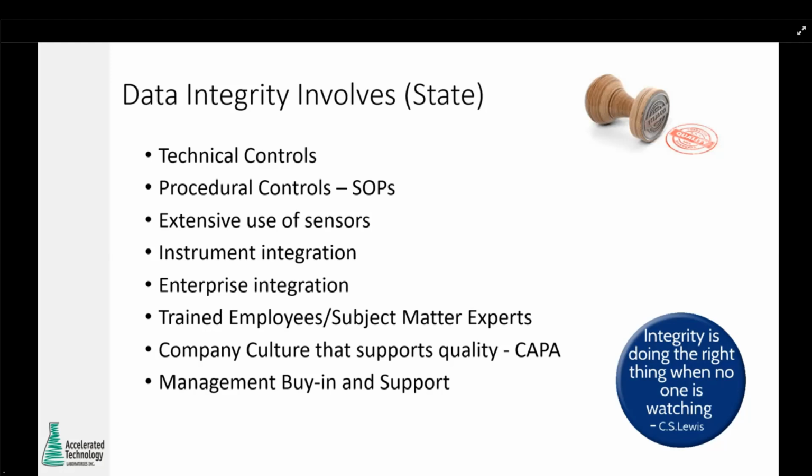Being able to attach those training records in the LIMS so that when an auditor asks for proof of that training, it's readily accessible. Having a company culture that supports quality, CAPA, corrective and preventative actions, and making sure that there's buy-in from management as well as support.